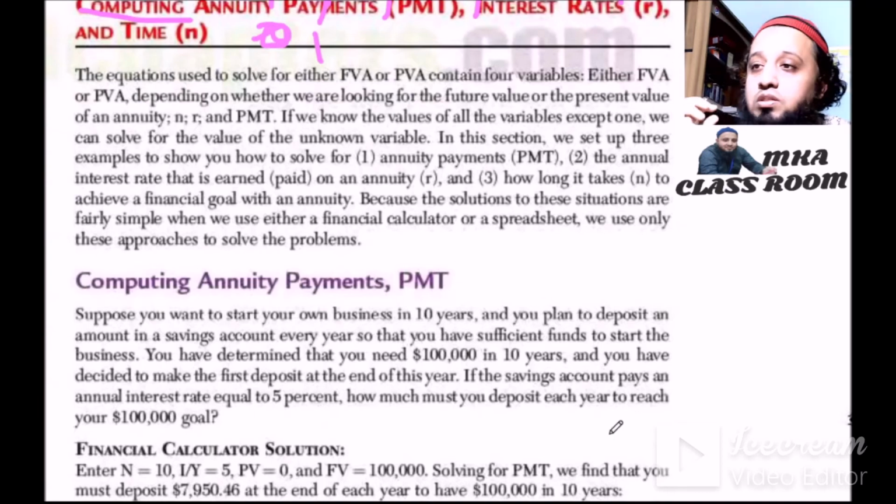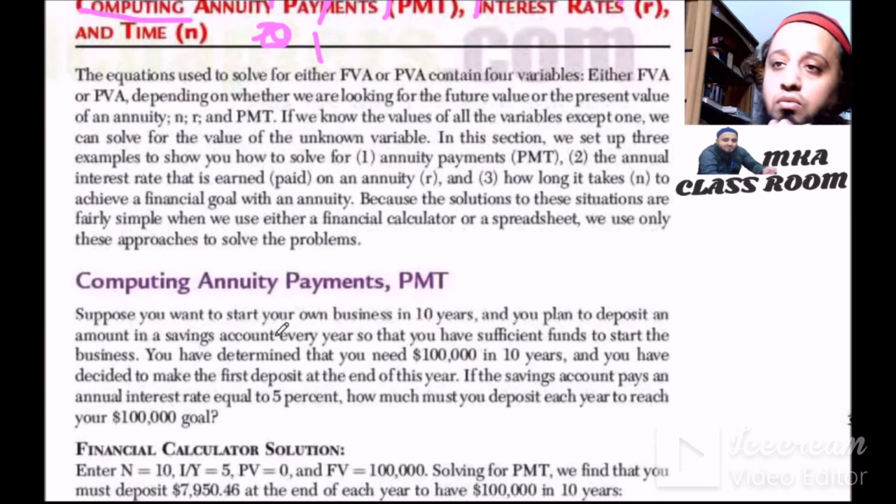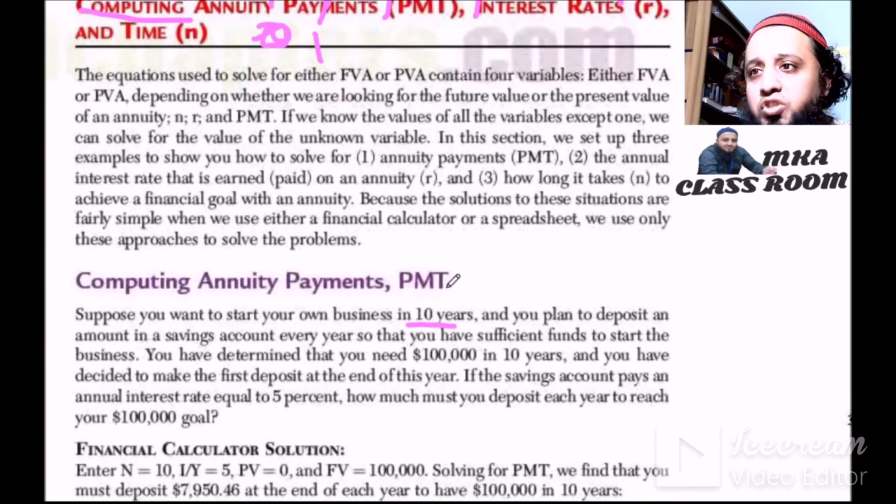So, at first you have to understand the problem, what type of problem it is, present value or future value. Here it is clear that you want to start your own business in 10 years, that means you will start your business after 10 years.